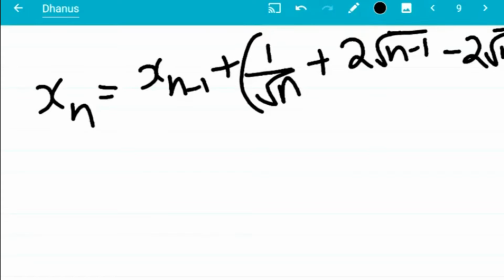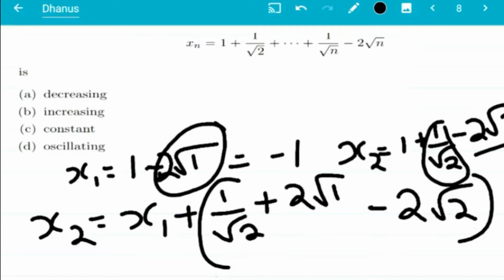And we have to verify whether this sequence xn is decreasing, increasing, constant, or oscillating. From the first two elements itself, we can say that the sequence is not constant. Now we have to verify whether the sequence is decreasing, increasing, or oscillating.